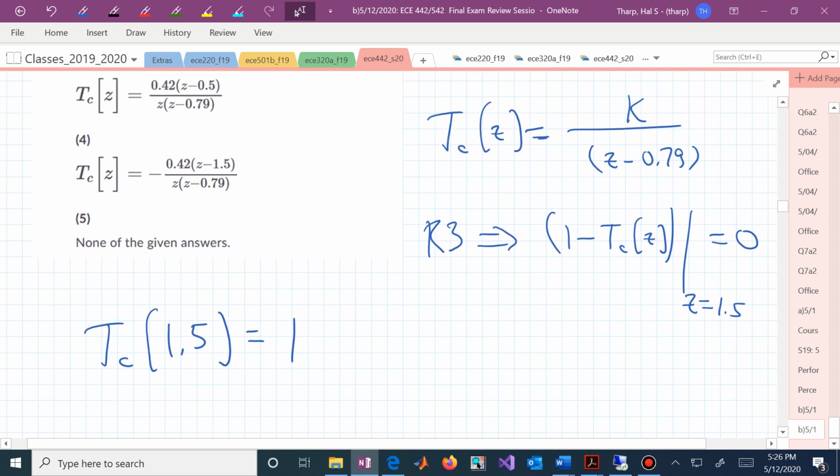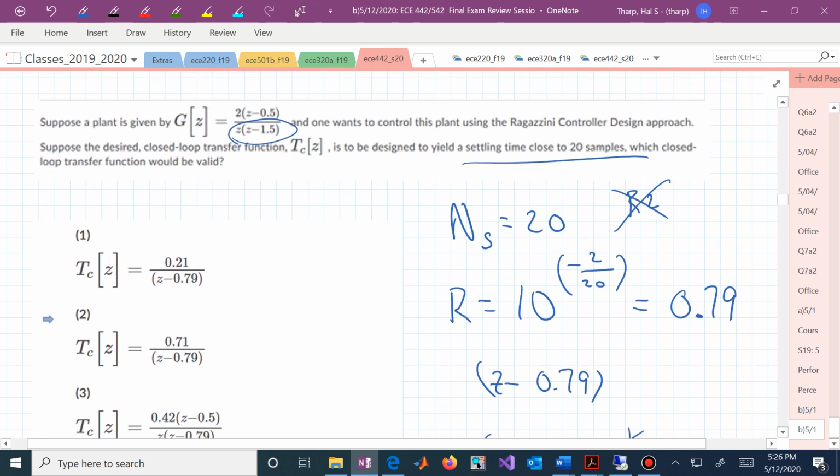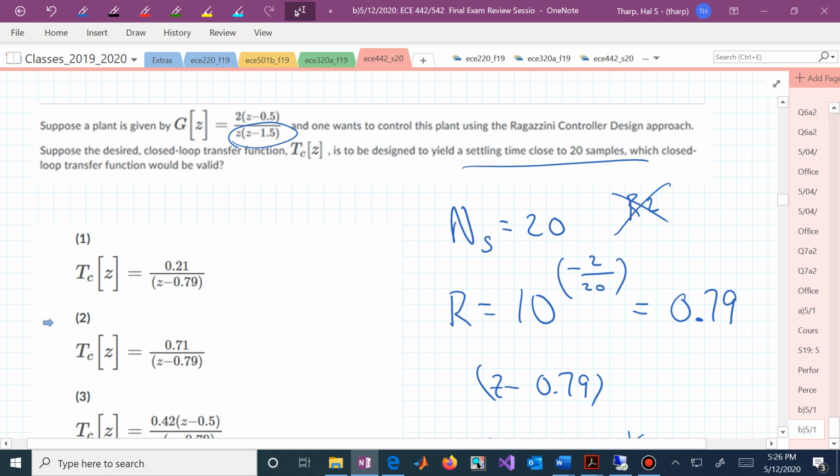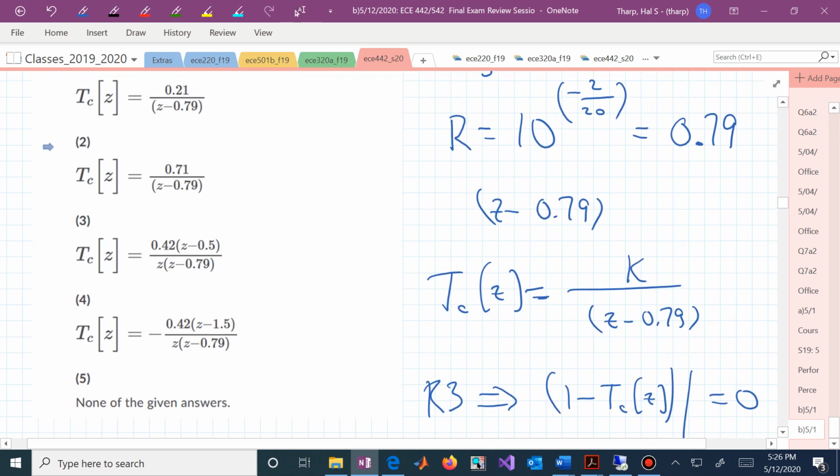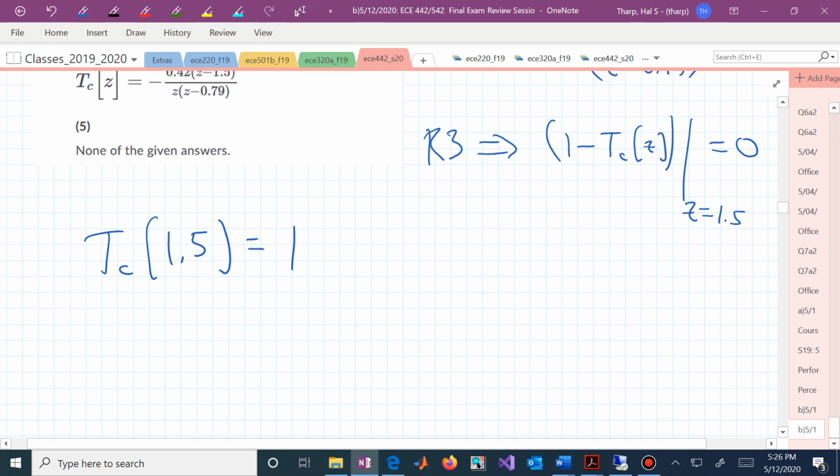Well, we can do that because we have an unknown variable k in that expression, and we don't have to introduce anything additional into our desired closed-loop transfer function because restriction 4, steady state accuracy, is not addressed in the problem specification.